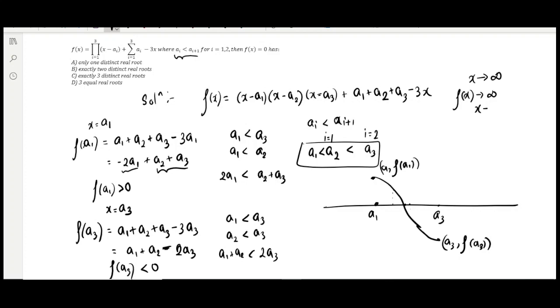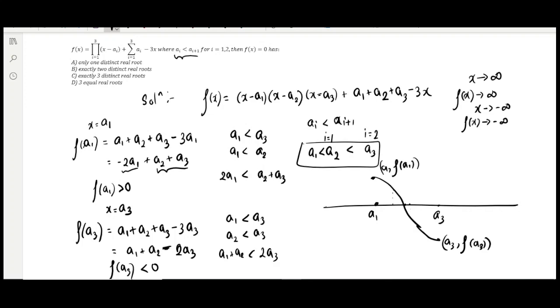But when x is tending to minus infinity, the leading coefficient of x cube is positive, so f(x) is tending to minus infinity.